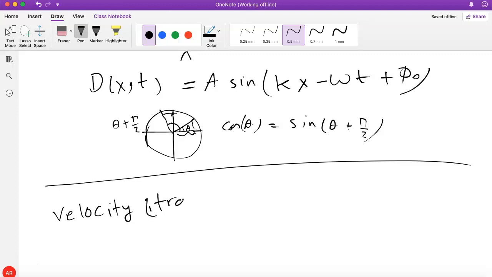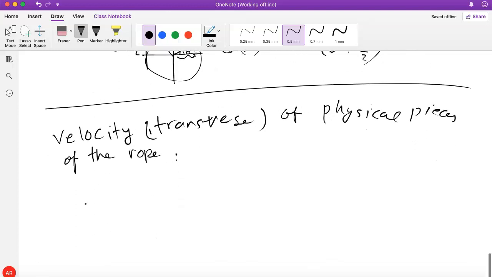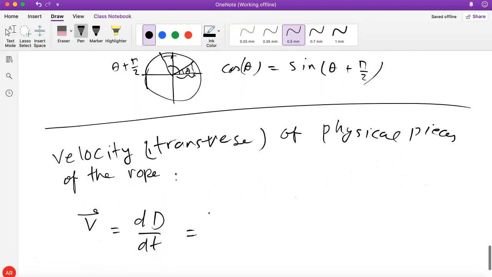So velocity, which is transverse, right? It's perpendicular to the direction of propagation, of physical pieces of the rope or string. At some given point, we just fix x, we treat it like a constant.